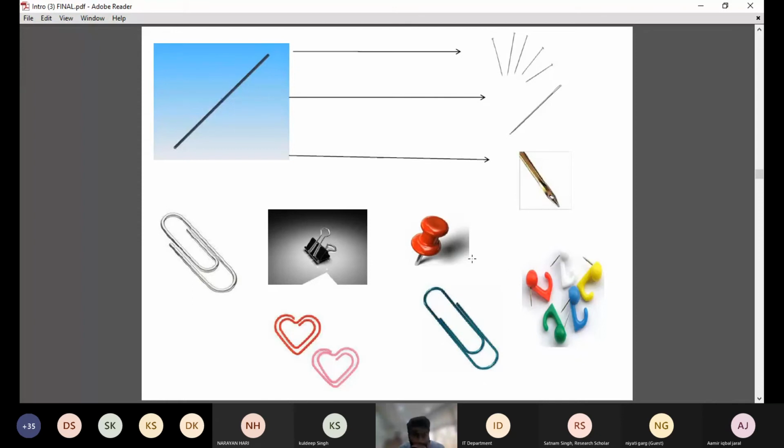How? The last example which I have heard is of a board pin. We all use board pins in our office work, in our colleges, in research labs, and in classrooms. For the notice board also, board pins are used.